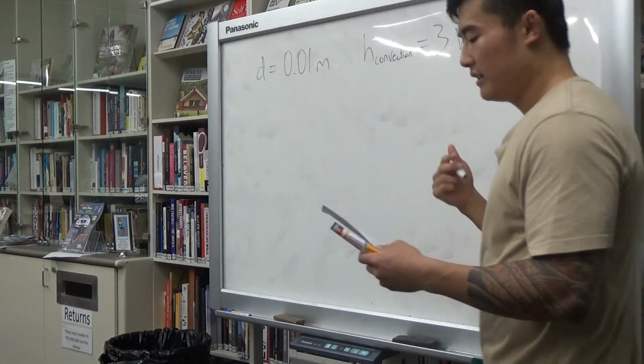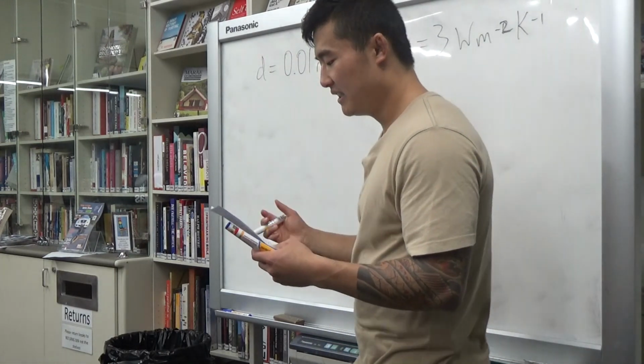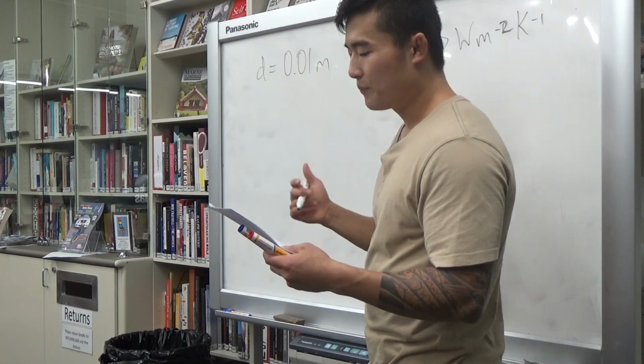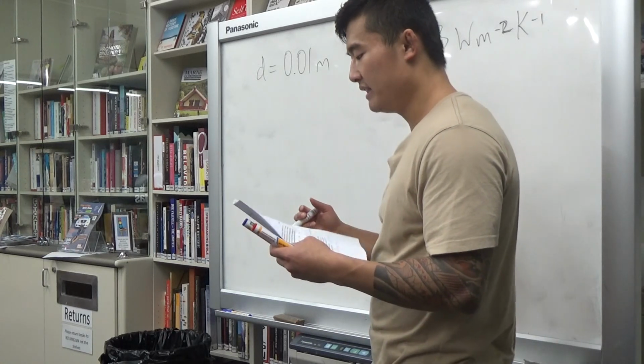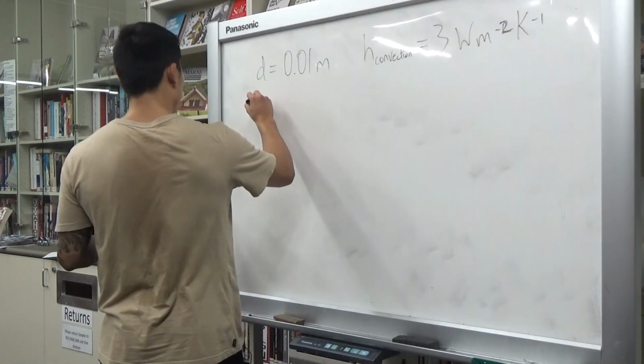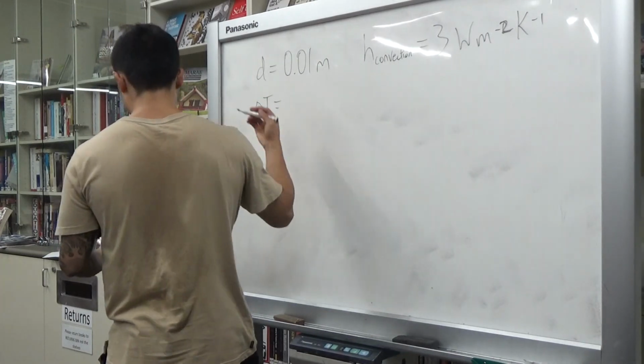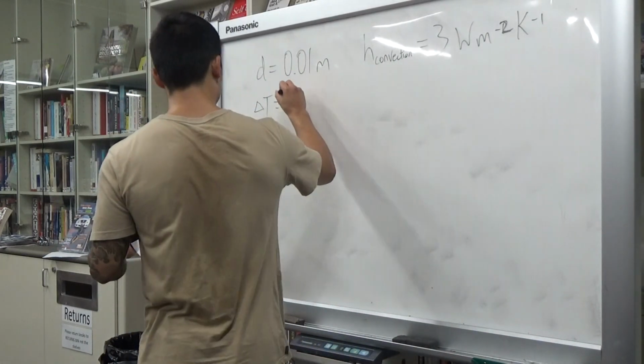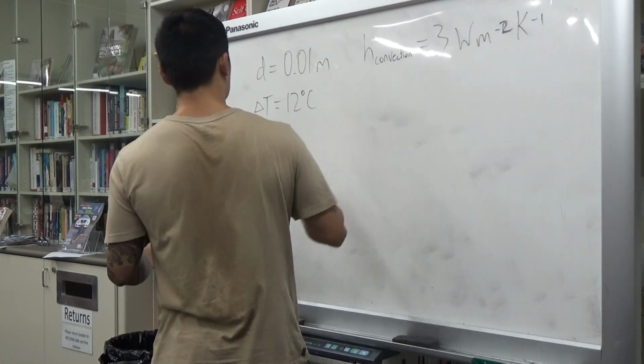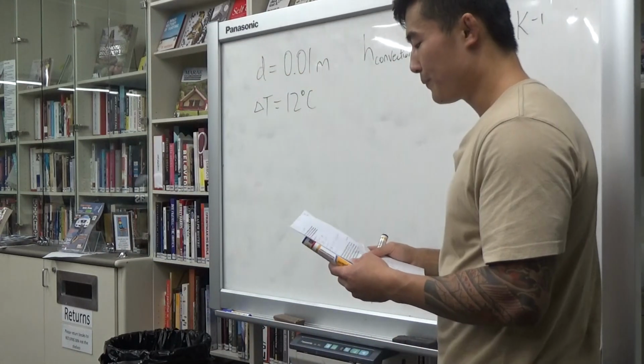Okay, and then the next sentence, the patient's skin temperature is 36 degrees and the air is 24 degrees. So that's delta T, our difference in temperature, and that's going to be 12 degrees Celsius.